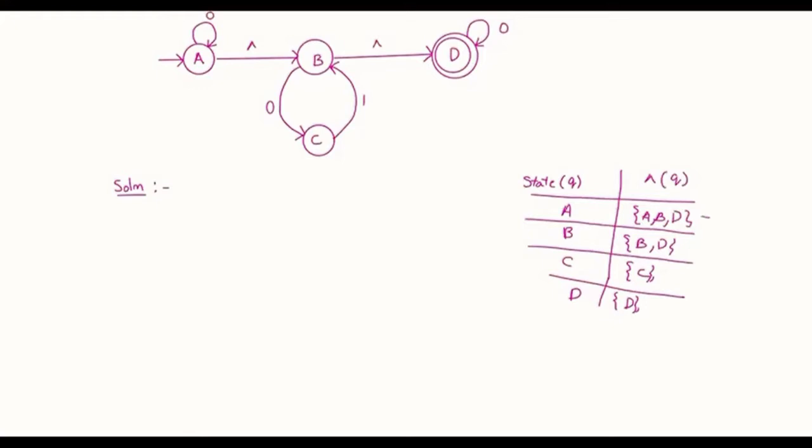It is present here, here, and here. As a result, since D is present in these sets, A, B, and D will be the final states of the resultant NFA, right? We shall see that further.